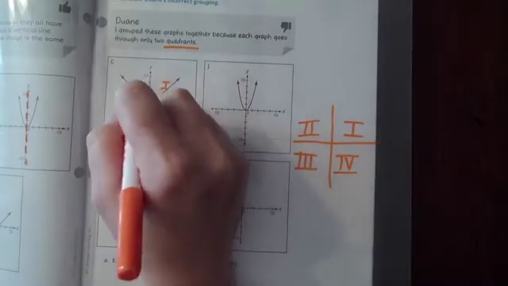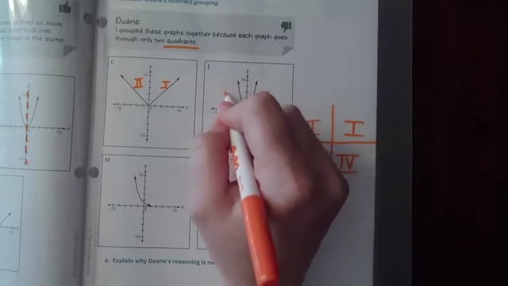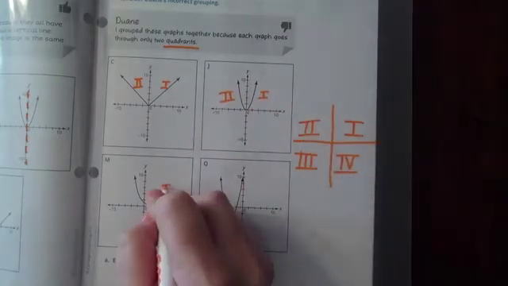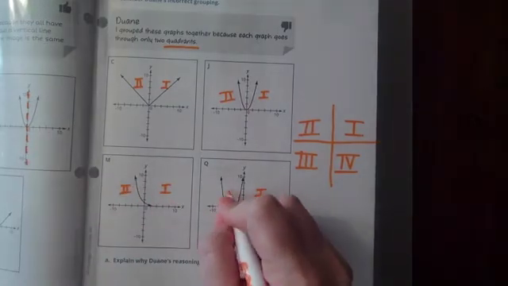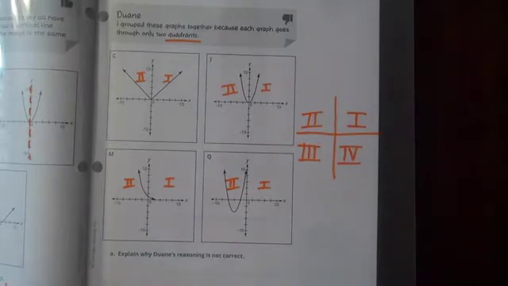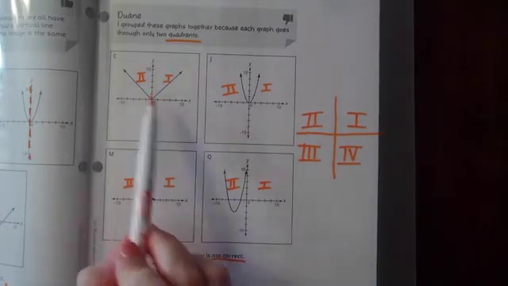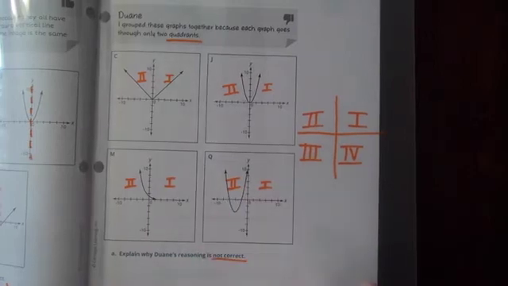Okay, so it is saying that all of these ones only go through 2 quadrants. So 1 and 2, 1 and 2, 1, 2, 1, 2. So he thinks that they all go through just 2 quadrants. But it says, why is he not correct? So one of these actually goes through more than 2 quadrants.